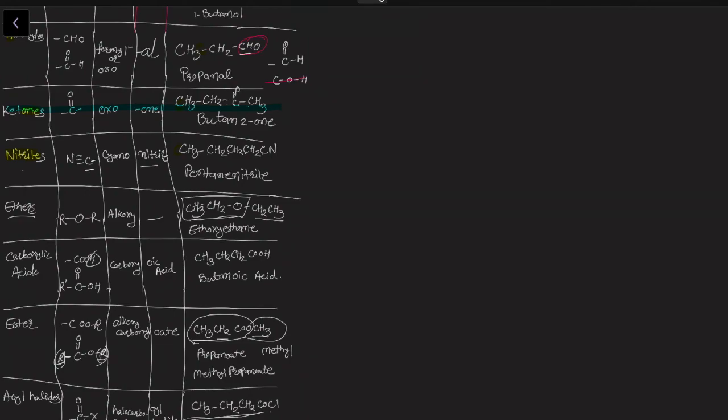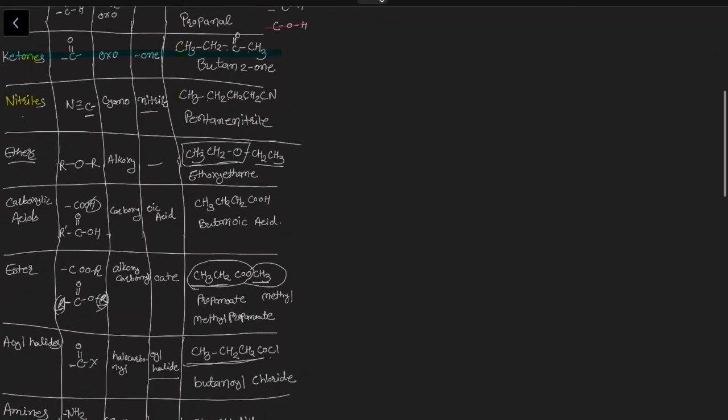We'll learn when to use oxo later when we learn IUPAC naming. The example for ketones is butan-2-one. So the next one is the nitrile group. This is also called cyanide group or cyano, and cyano is a prefix and nitrile is a suffix. So the example of the naming is pentanenitrile.